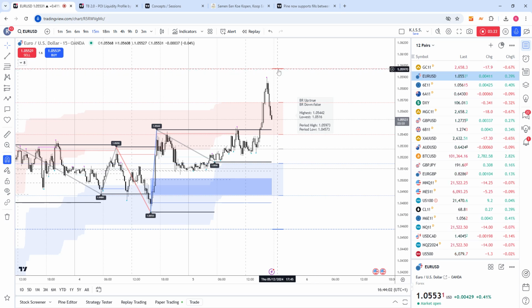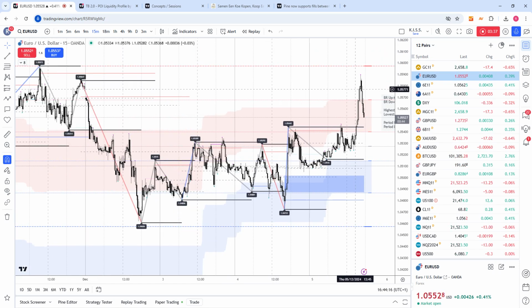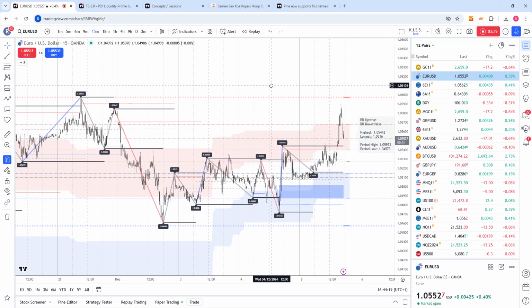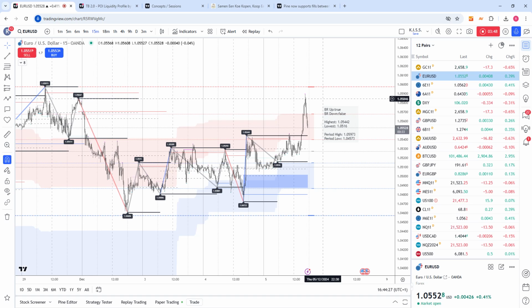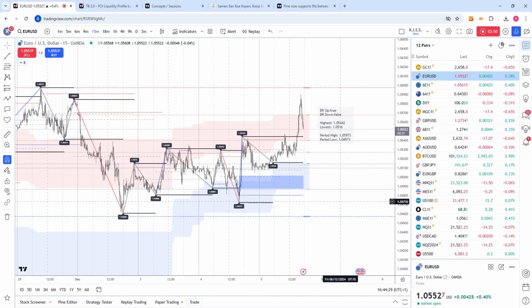So this is the highest high in your look back period, which is a variable, because we are now looking at the 15-minute, and the look back period for the 15-minute is 3 to 5 days. So the indicator is going to look at the last 3 to 5 days and find the high and the low, and that way we determine our premium and discount levels.